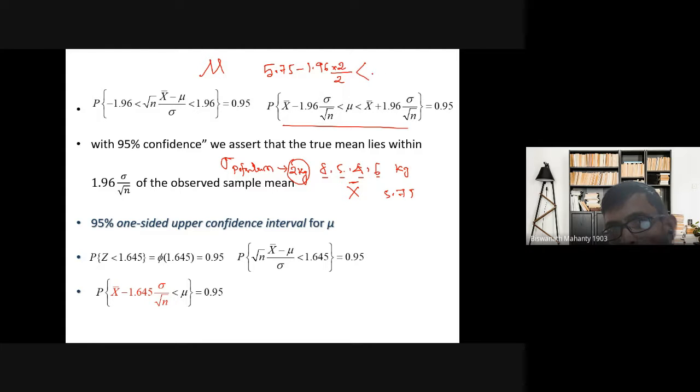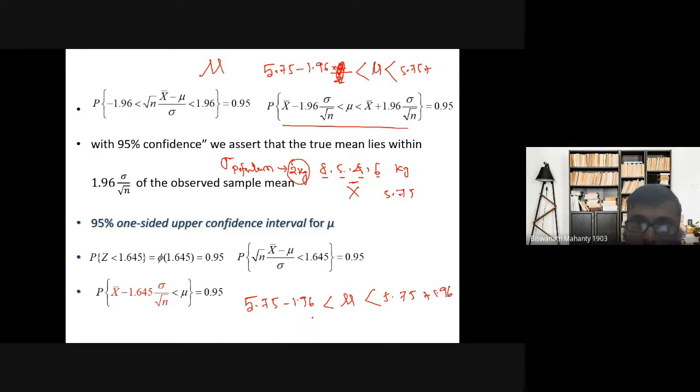This is less than mu, less than the same thing, just it will be 5.75 plus 1.96 into 2 by 2. Anyway, 1.96 into 2 by 2 is just 1.96. So finally, I can say that 5.75 minus 1.96 is less than mu is less than 5.75 plus 1.96.